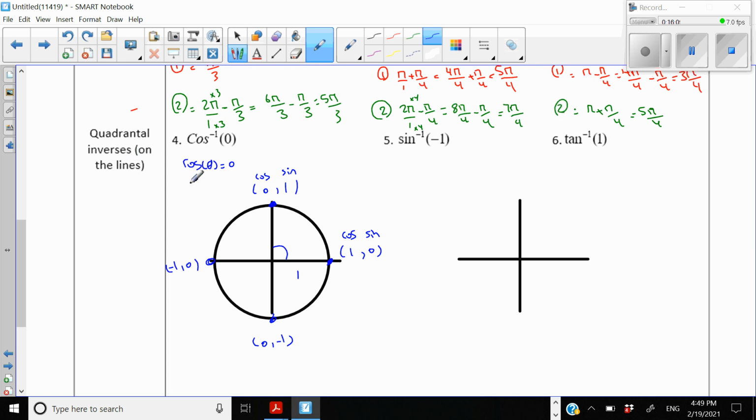So I need to look for an x value which is equal to 0. One of them is here, and the angle related to this point is pi over 2. So one of the answers is pi over 2. The other point where cosine is 0 is here. The angle related to this point is 3 pi over 2. So the other answer is 3 pi over 2.